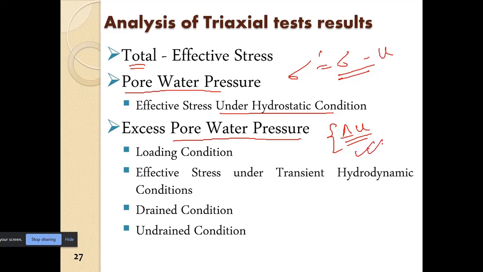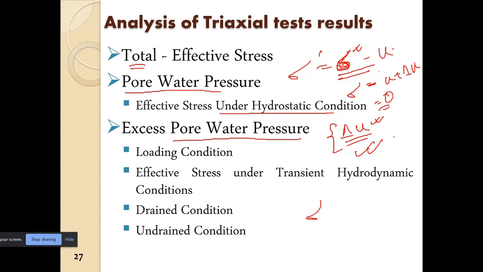So this is an important parameter. In the case of liquefaction also, the excess pore water pressure develops. Ultimately it develops so much that it almost becomes equal to the total stress which is acting on the soil. So in that case, sigma dash equal to sigma minus (u plus delta u) becomes 0.